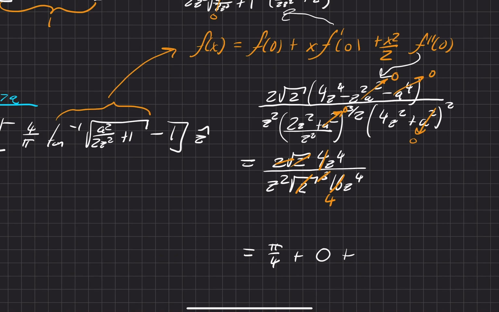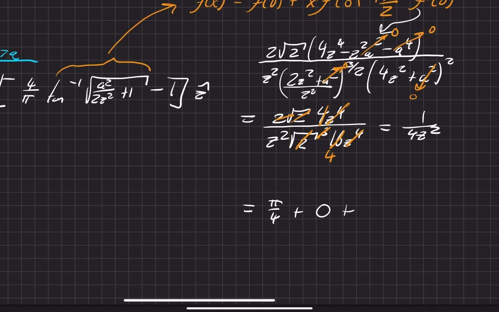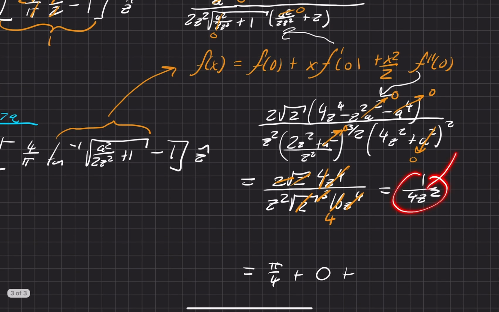So that 2 goes with it, this goes with it. Let's see here, we can cancel all these z to the 4th, and all that's left is 1 over 4z squared.